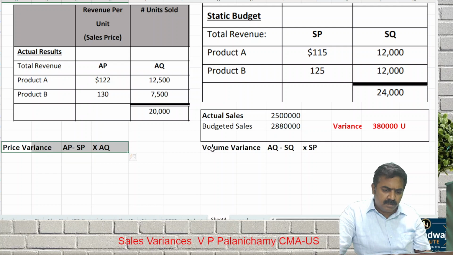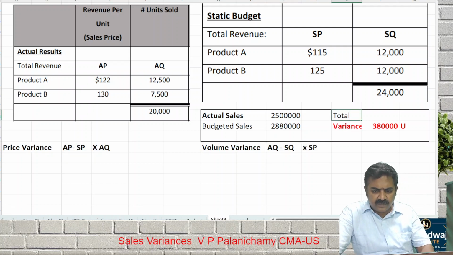Try to work out price variance and volume variance. The total of the variance should be 3,80,000 unfavorable.